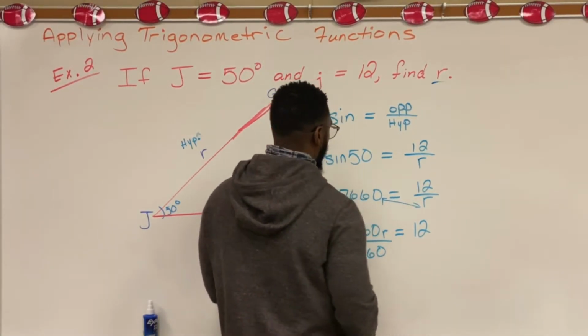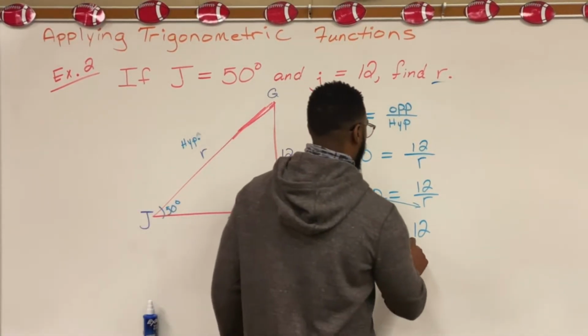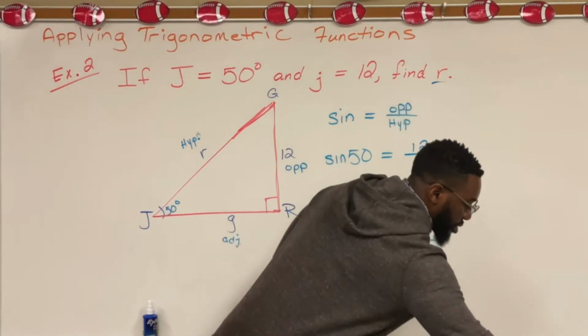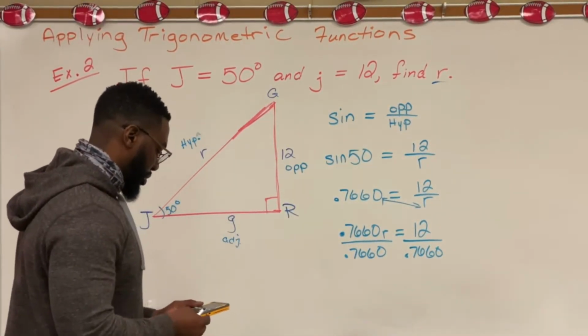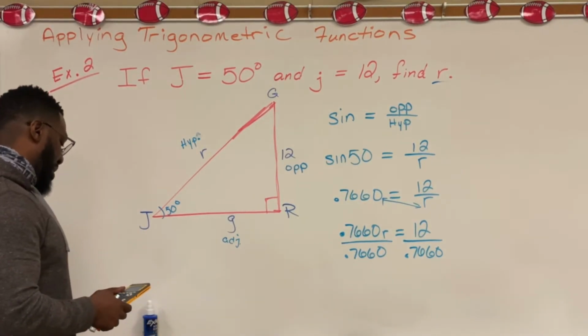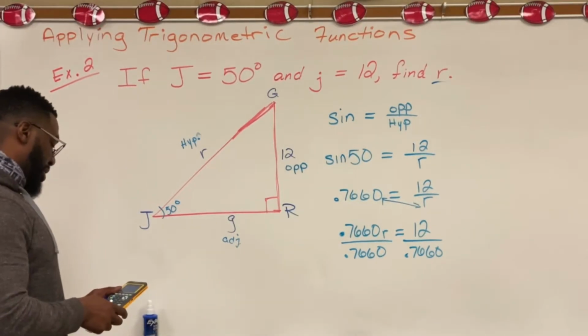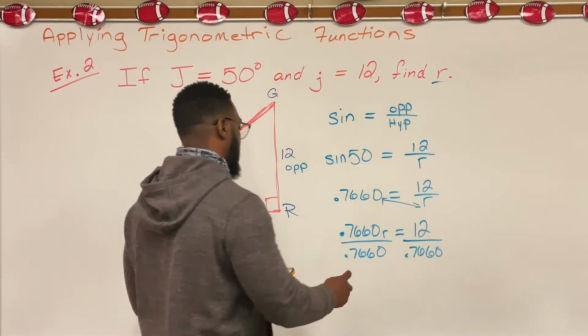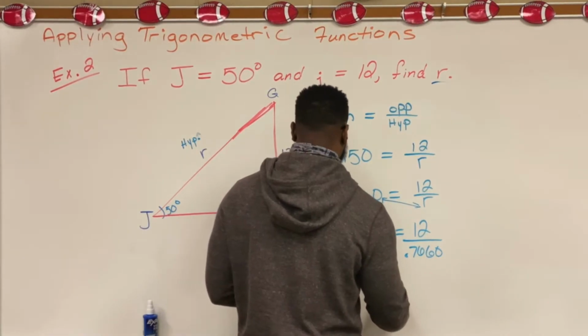We're going to take 0.7660, place it in the denominator: 12 divided by 0.7660 equals, it's going to give you something like this.